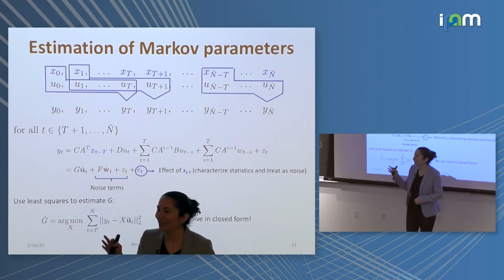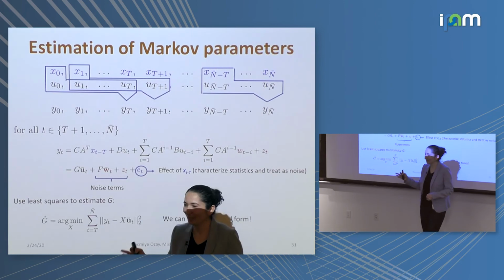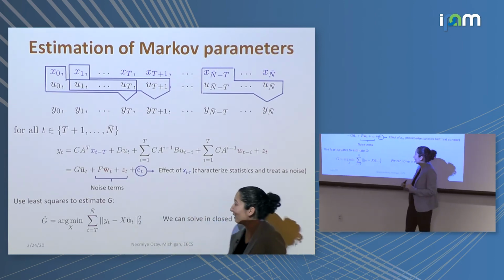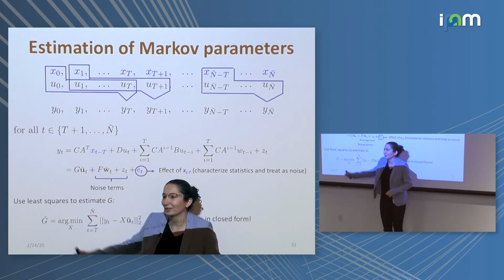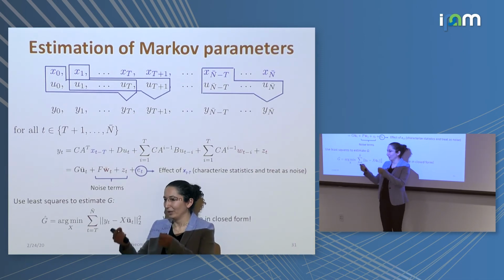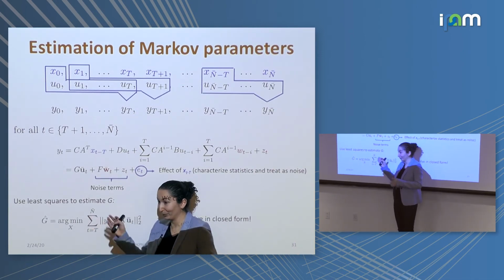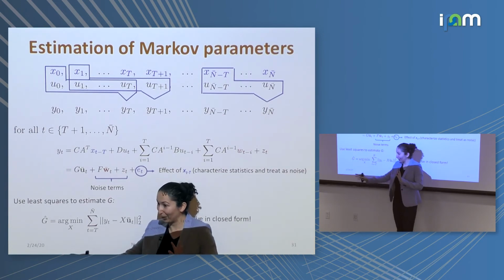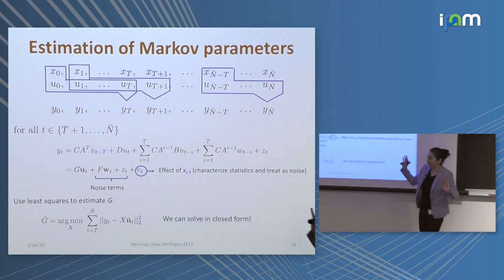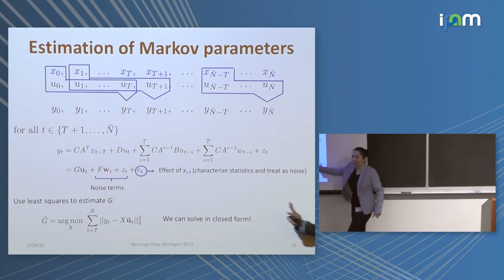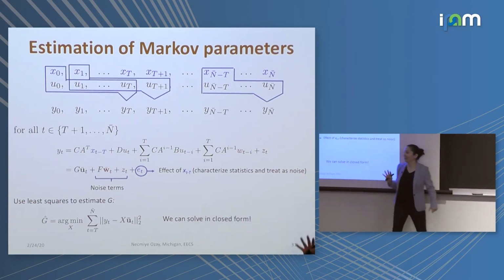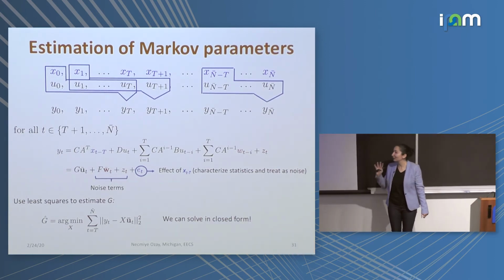What does it mean? It holds. What I will claim in the end is that if you do this, I can give you a sample complexity bound. I don't know if you do maximum likelihood, you will get a better sample complexity bound. That I don't know. But I will just do this, and for this I will give you a sample complexity bound, and I will claim it's not too bad.